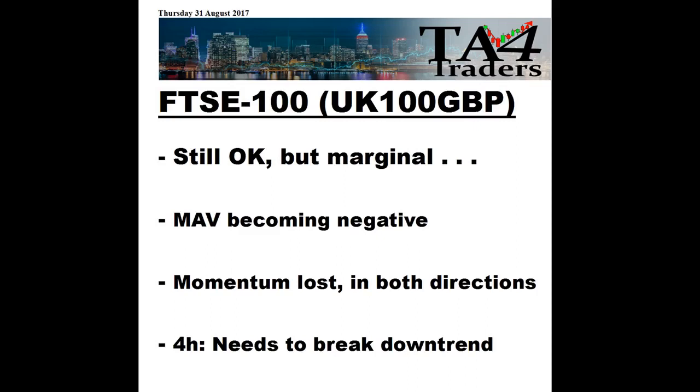So if the RSI can just push up towards 60, we should be able to break the downtrend. And as I said, the moving averages will then start to move up. And on the 4 hour, there definitely is a need to break the downtrend, but there is more momentum on that 4 hour.